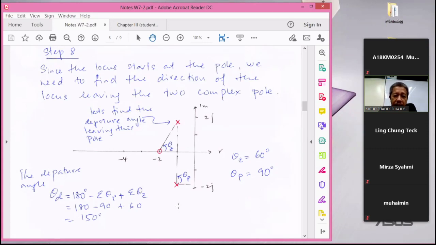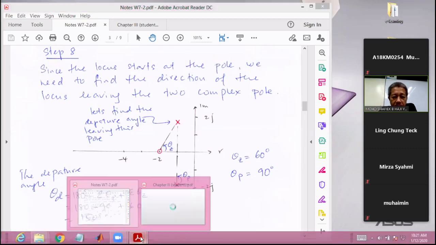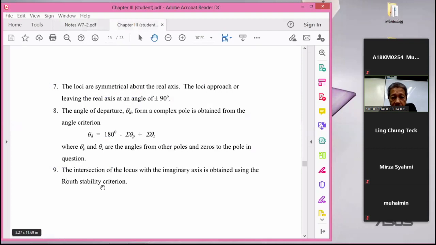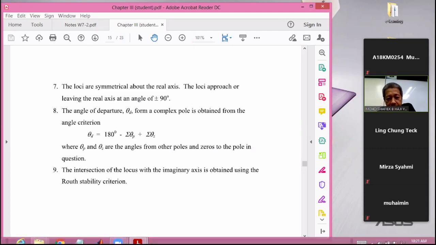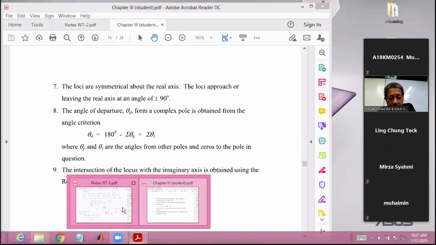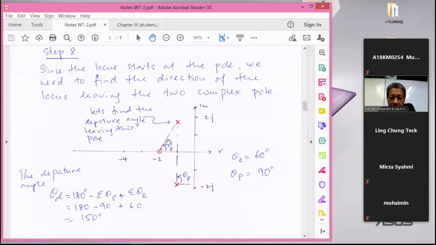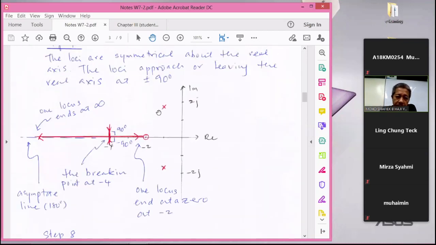Now, step 9 is not necessary in this example because the locus is not going to go to the left of the imaginary axis. Our system is stable for all gain. It is going to come up from that pole and enter the real axis.